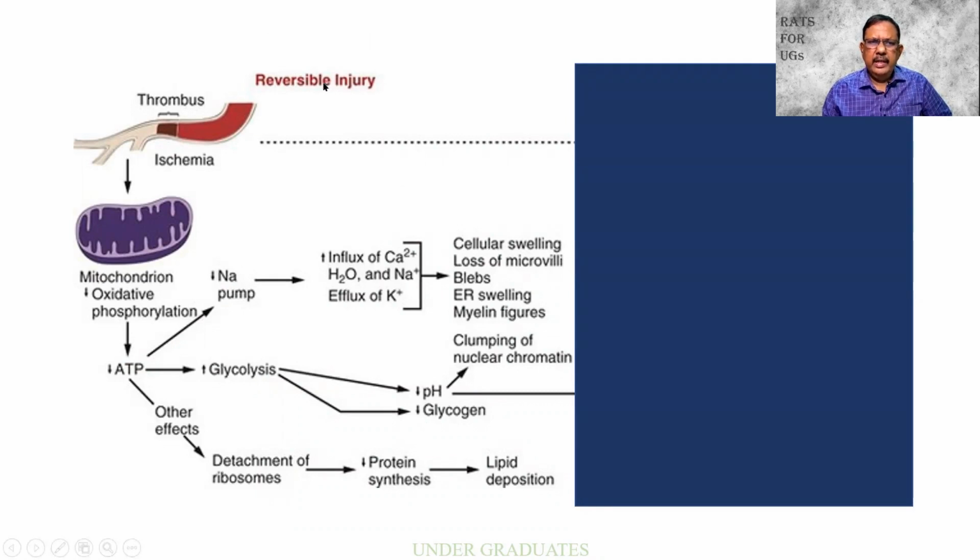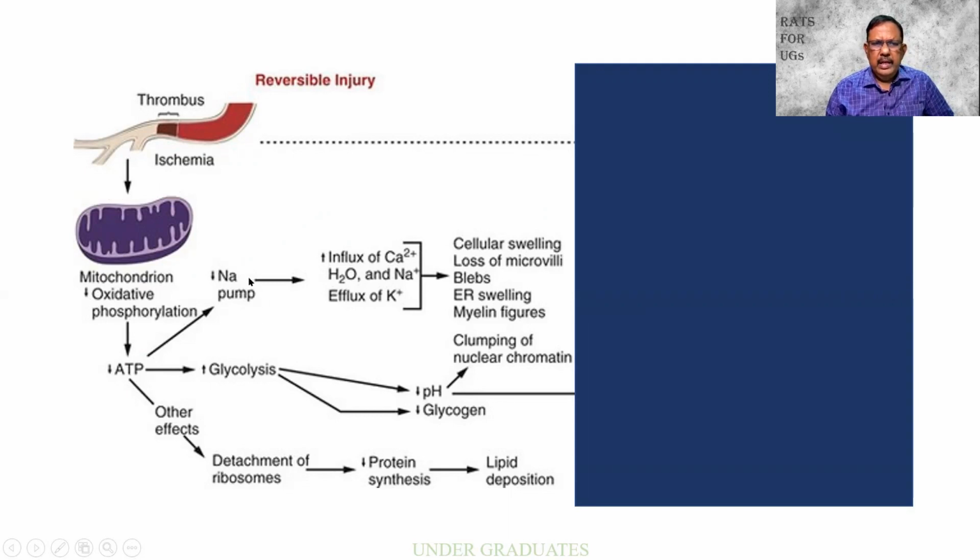So, as I mentioned earlier, there is a flow diagram showing the importance of reversible injury. In a blood vessel, there is an obstruction, no flow of blood, which is called ischemia. It affects the cell. And what does the cell contain? Many organelles, of which mitochondria is most important. The mitochondria undergoes oxidative phosphorylation, which is impaired, because of which there is a decreased production of ATP, adenosine triphosphate.